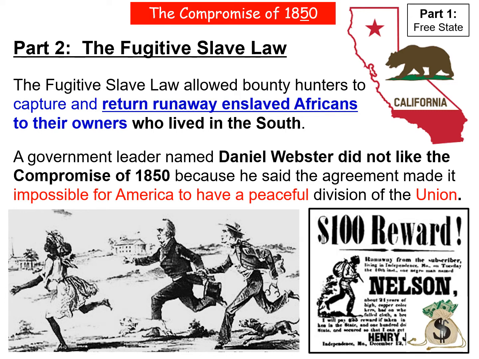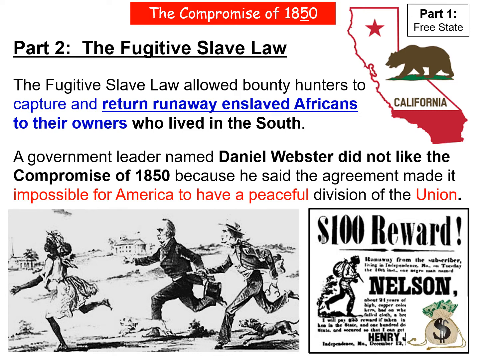Well, this was the Fugitive Slave Law. It was an agreement that now if a slave runs away, it doesn't matter where that slave goes, you can get him and bring him back to the owner.